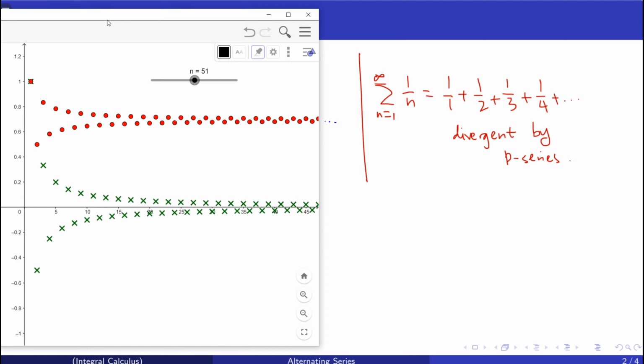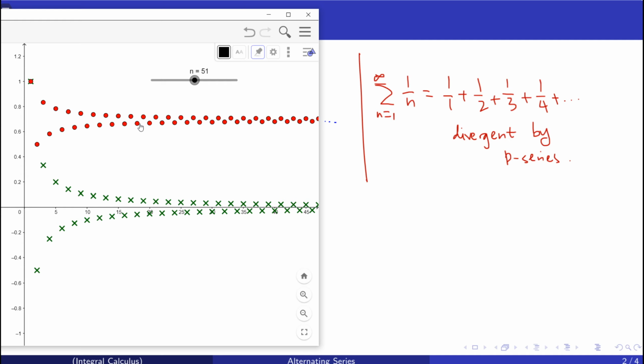There's a pretty obvious condition that has to be true: the green axis down here, which is your original sequence of a sub n's, has to approach 0. That's basically your test for divergence.